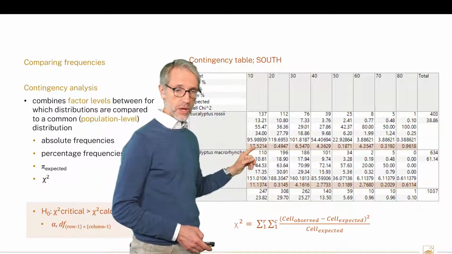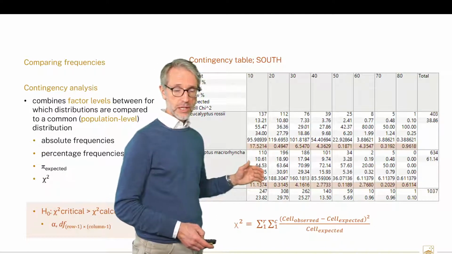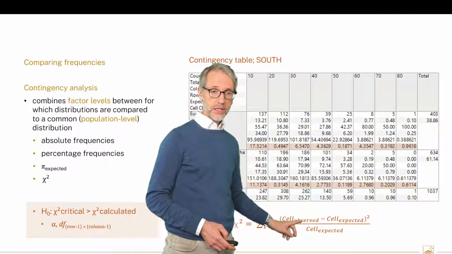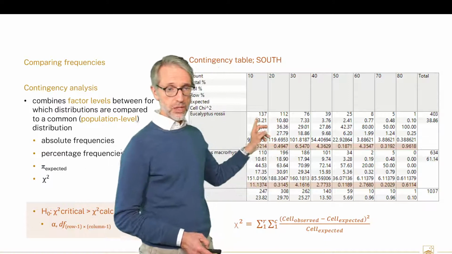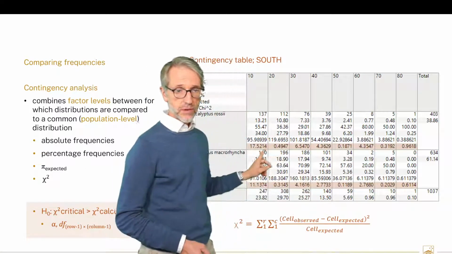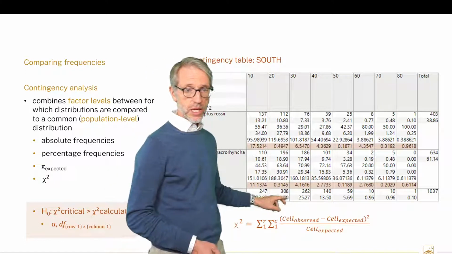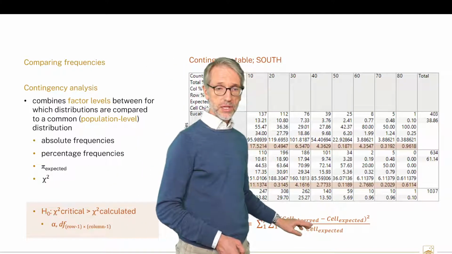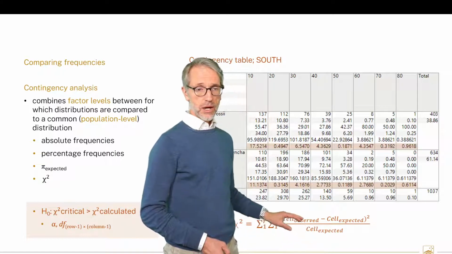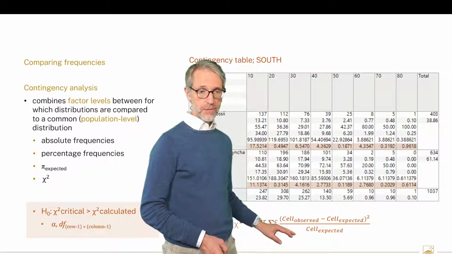A chi-square value, the same calculation again as I mentioned in the lecture, where we calculate the difference between our observation, the number observed, minus the expected values that we've just calculated, squared, divided by the expected. So that's exactly the same calculation that I highlighted in the lecture earlier today.